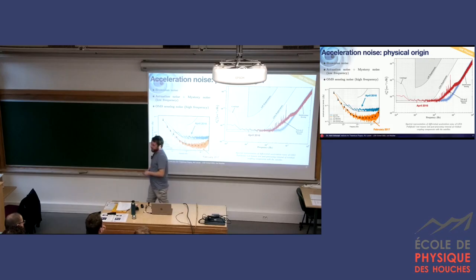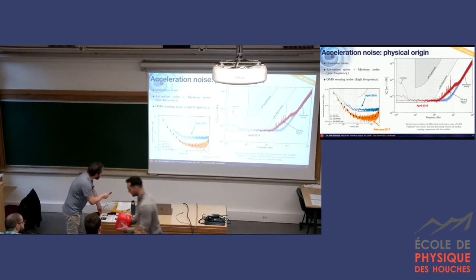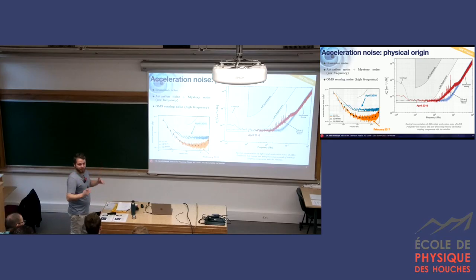So that's why we knew that it was actually Brownian noise. Also the relation with temperature was very consistent with Brownian noise. So between April 2016 and February 2017, time was playing for us and just made the sensitivity better until you reach that level.